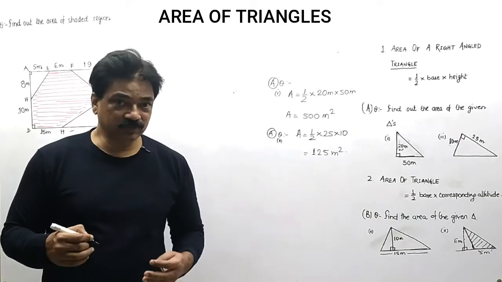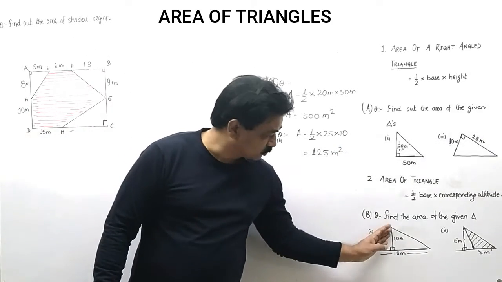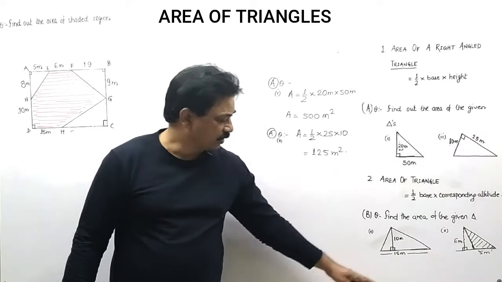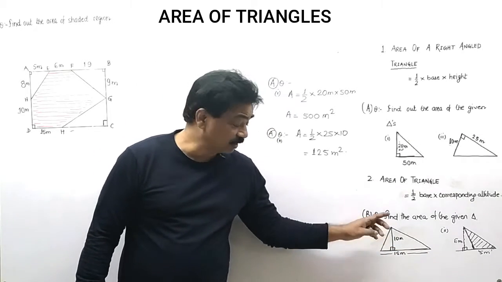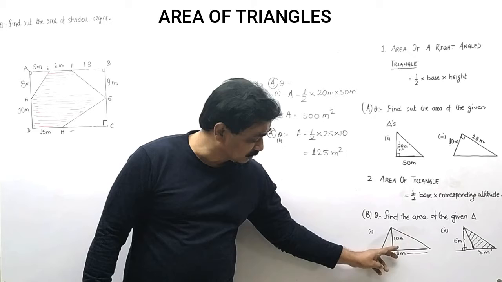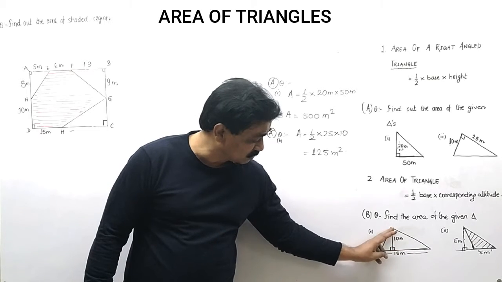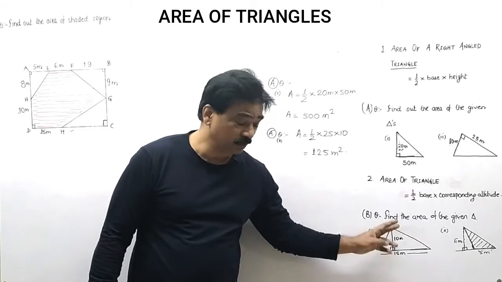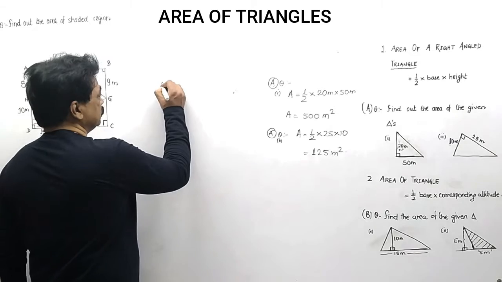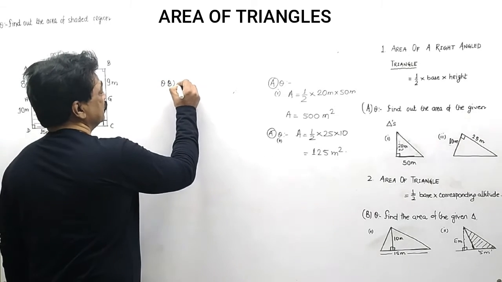Similarly, consider the area of a triangle whose base and corresponding altitude are given. If this base is given, then the altitude should be from the vertex opposite to the base, where the perpendicular is dropped. So question B, the solution will be easy.